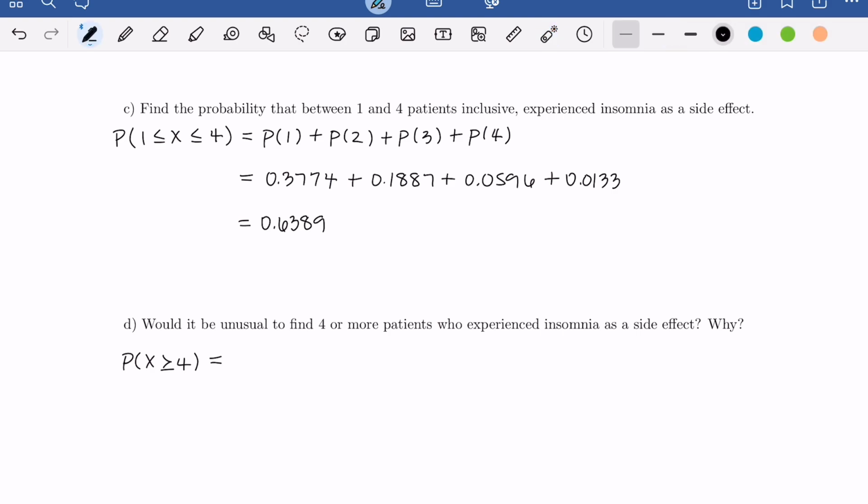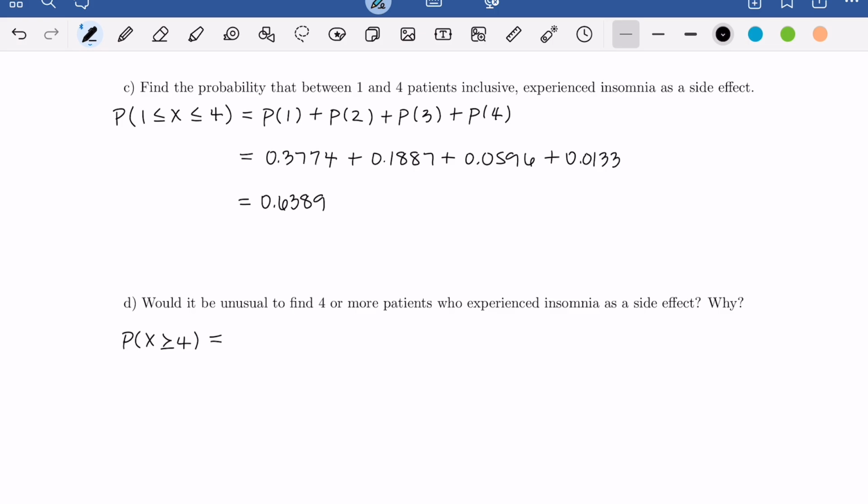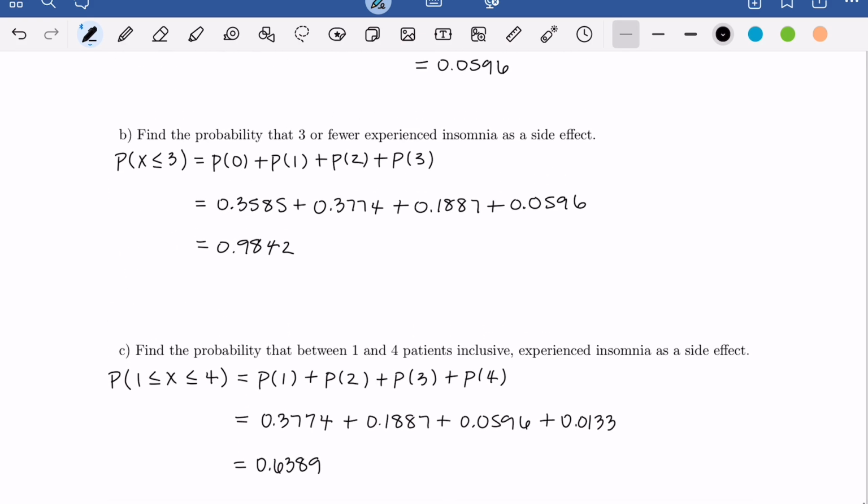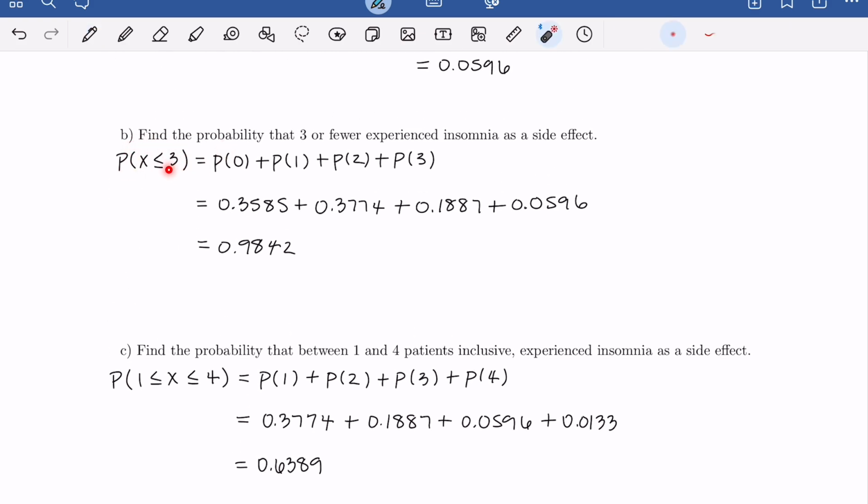Instead, what we could do is we could use our complement rule. So the probability that 4 or more patients experience this side effect is going to be the same thing as taking the entire probability, so 1, and subtracting out the probability that less than 4 patients experience insomnia as a side effect. And notice that this is going to be the same thing as 1 minus the probability that 3 or fewer experience insomnia as a side effect, which is exactly what we calculated in part B here.